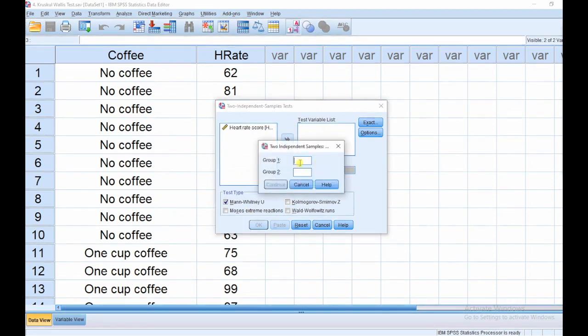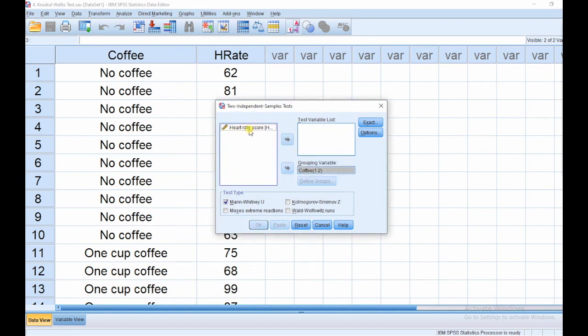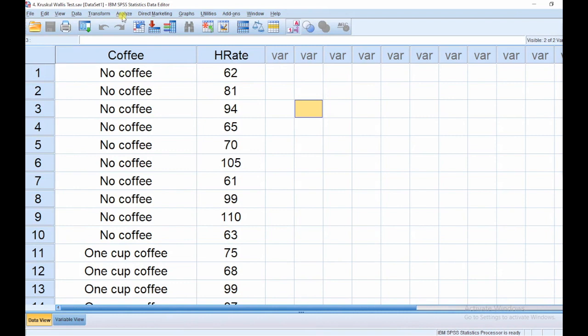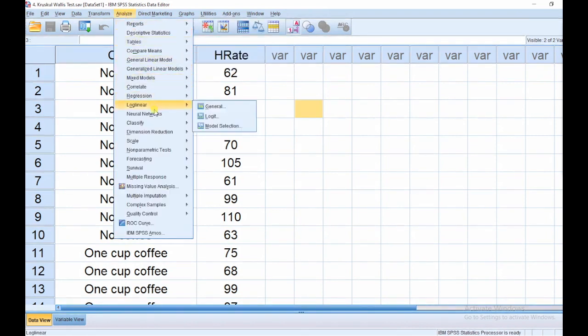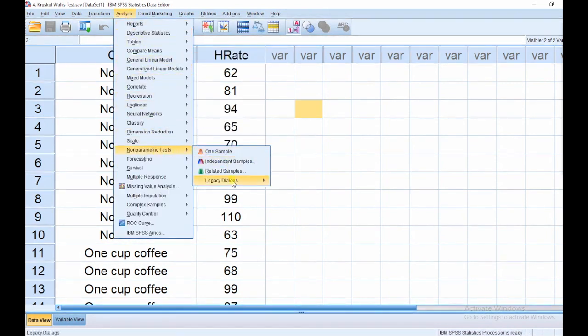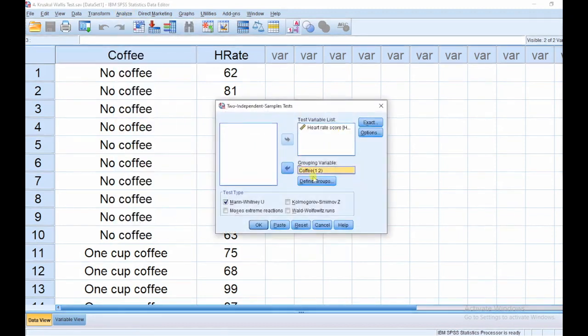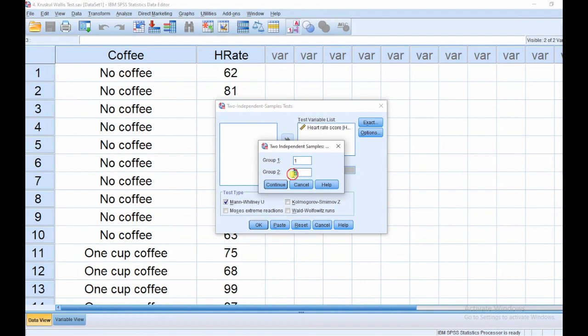So I am comparing no cup coffee with 1 cup coffee. Okay, so the Mann-Whitney U test, and okay. Now the second time I am comparing the 2 independent samples, group 1 no cup coffee with 2 cup coffee, and then continue.